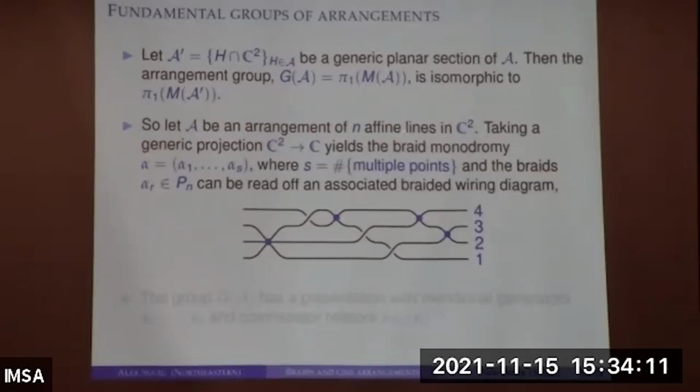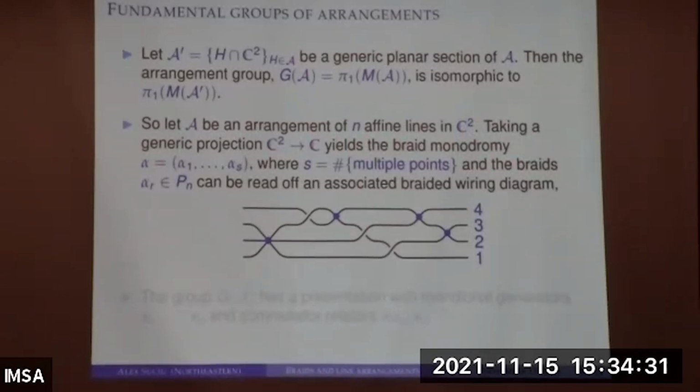So here, taking this arrangement of affine lines in C squared, which I rename A, take a generic projection to move from C squared to C, then you get the so-called braid monodromy associated with this line arrangement. I think we've seen this before; maybe Moshe was talking about it, or maybe it was mentioned during the weekend.